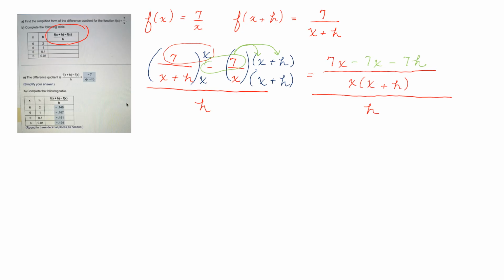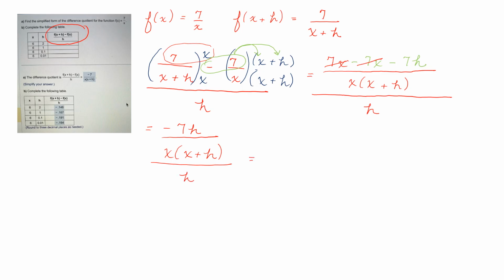Now, if you combine like terms, 7x minus 7x cancels out, and you have a negative 7h over x times x plus h over h.